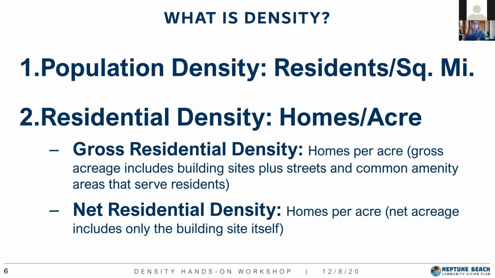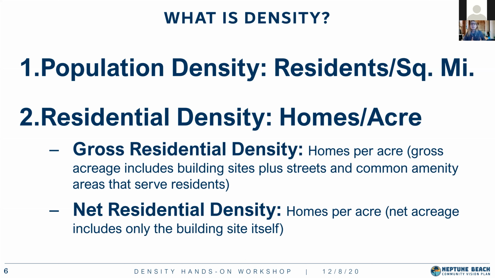And there are two subtypes of residential density definitions. This is very important, as you'll see throughout the rest of the presentation, and it'll come up again and again. So definitely let us know if you have questions. There's gross residential density, which is the number of homes per gross acre.